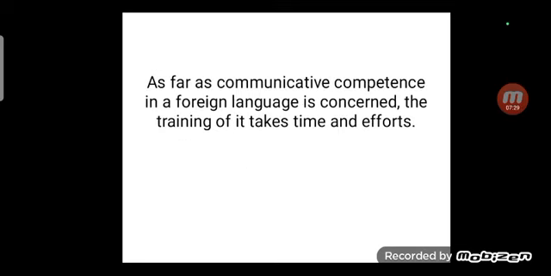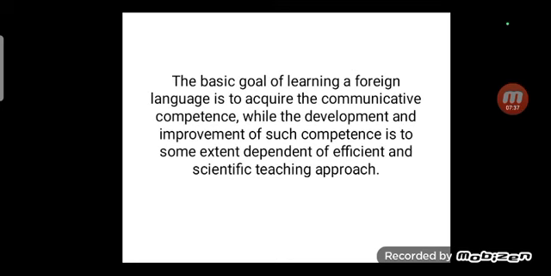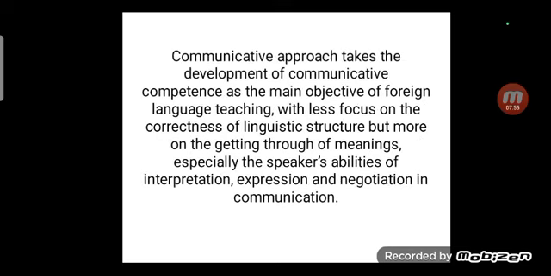As far as communicative competence in a foreign language is concerned, the training of it takes time and effort. The basic goal of learning a foreign language is to acquire the communicative competence, while the development and improvement of such competence is to some extent dependent on efficient and scientific teaching approach.